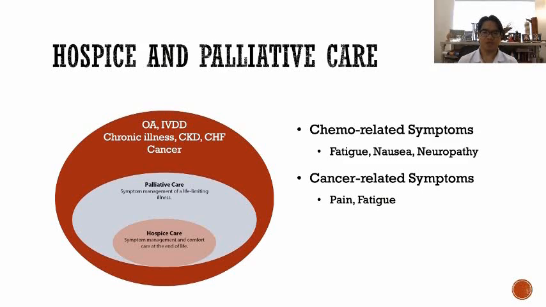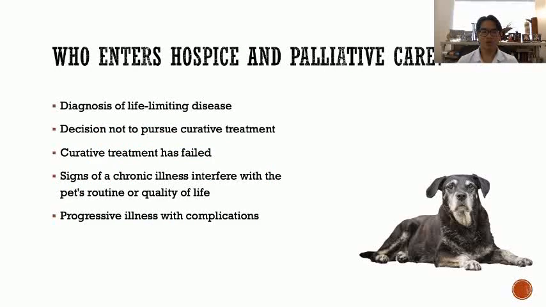Those are the patients that would benefit from either palliative care or hospice care. And in my opinion, rehab plays a very important role in managing those symptoms or clinical signs for patients with chronic illnesses.